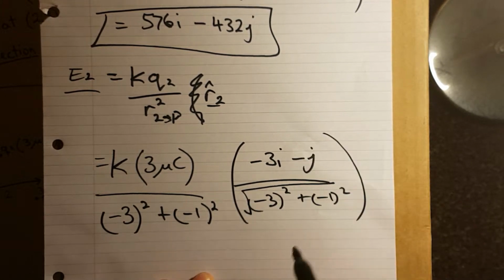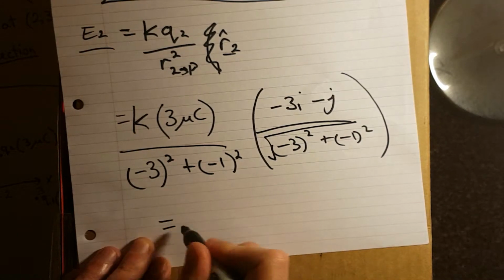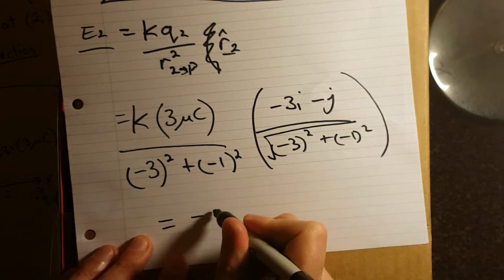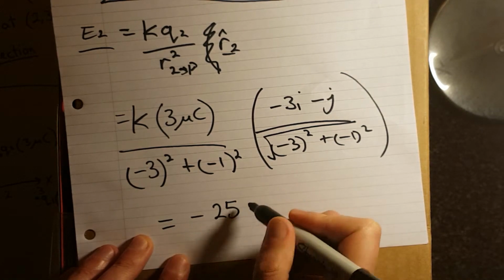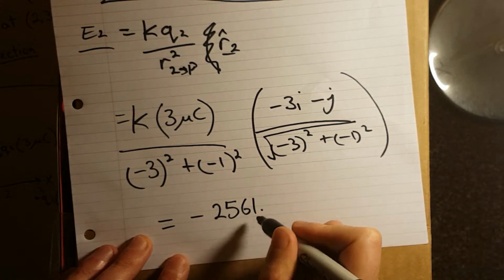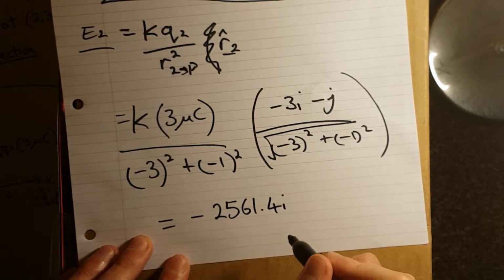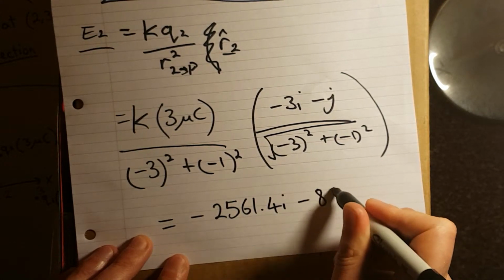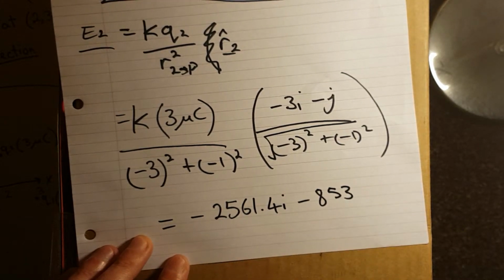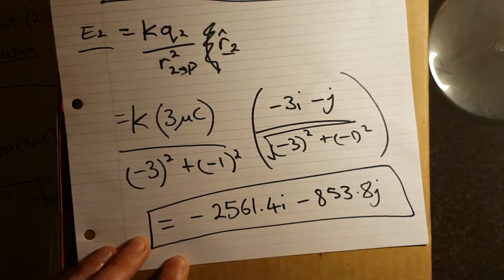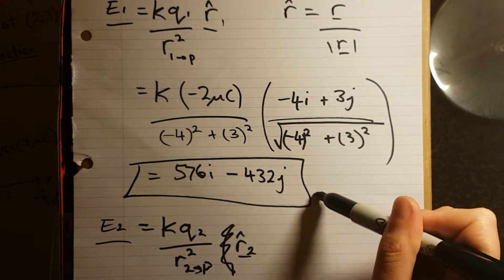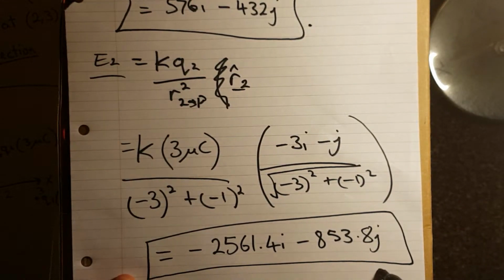And this, in fact, comes out to be -2561.4i minus 853.8j. Okay, so we've got our vectors for E1 and E2.